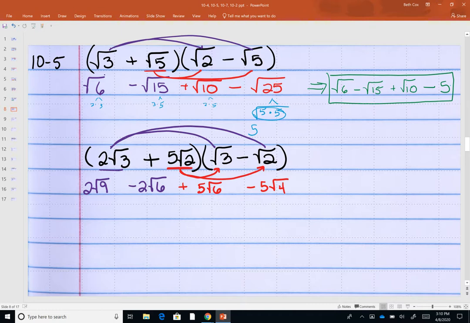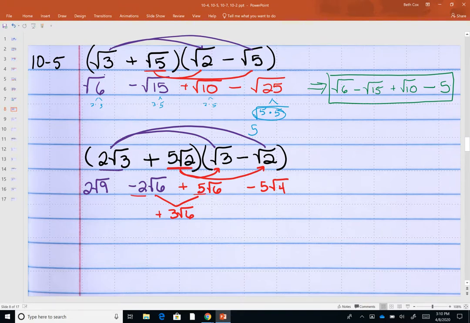Now on this one we have like terms that we'll be able to add together, and we've got some simplifying that we can do. Let's go through each of these situations. The like terms, since I've already pointed them out, that's going to be a positive 3 square roots of 6, because we can do the coefficients: a negative 2 and a positive 5 makes a positive 3.